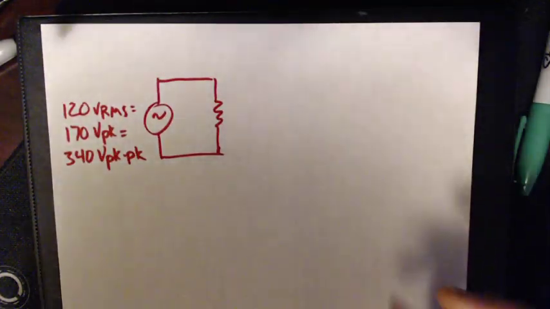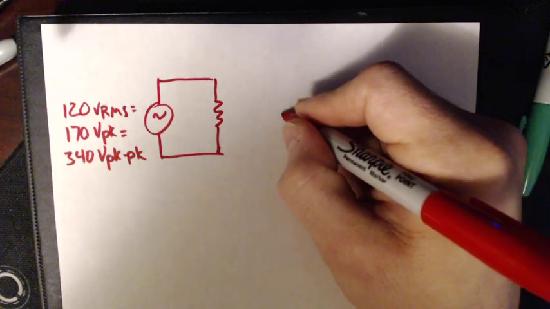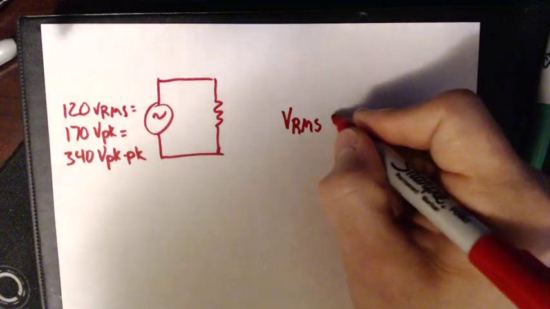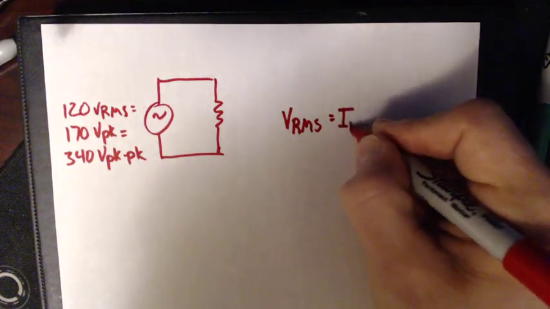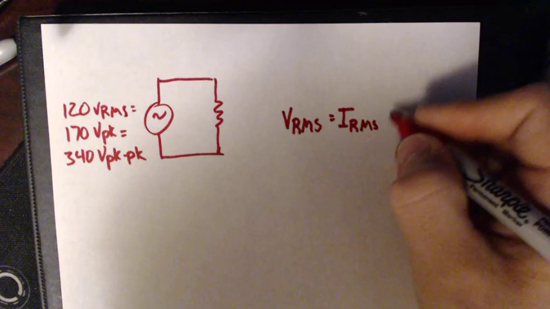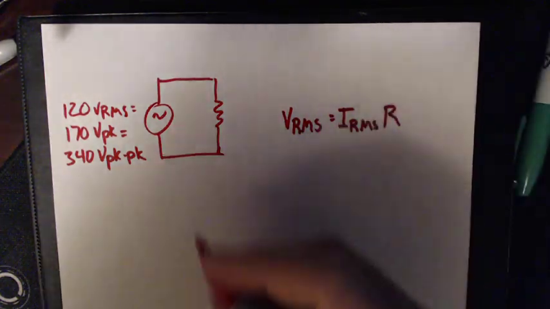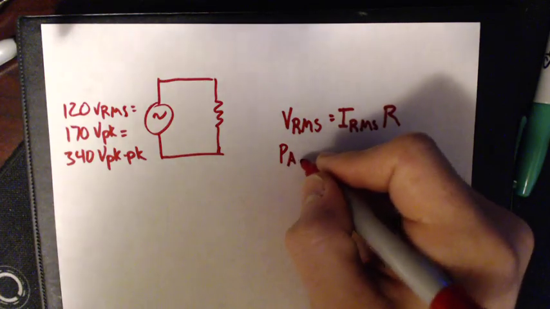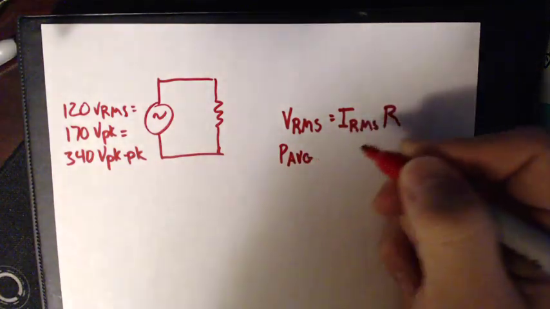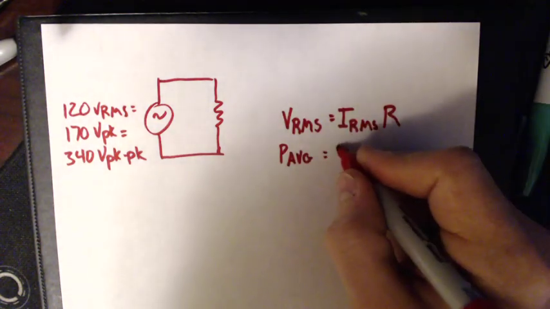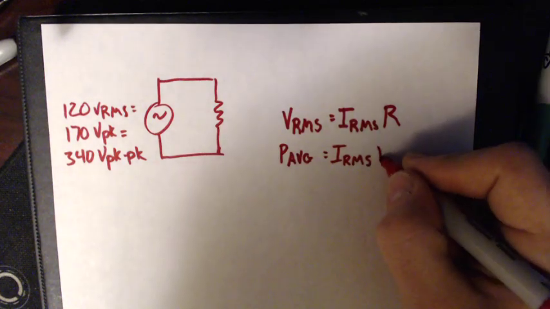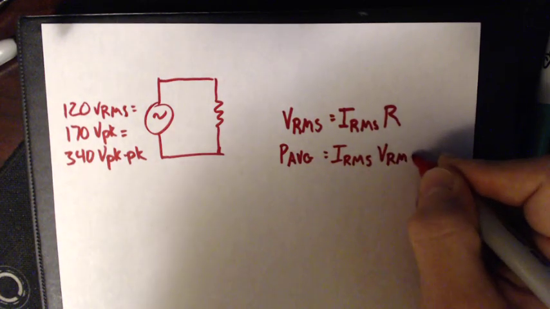So now we have our two equations that are back. VRMS is equal to IRMS times R. And the average power is equal to IRMS times VRMS.